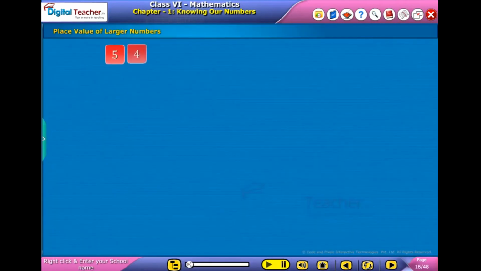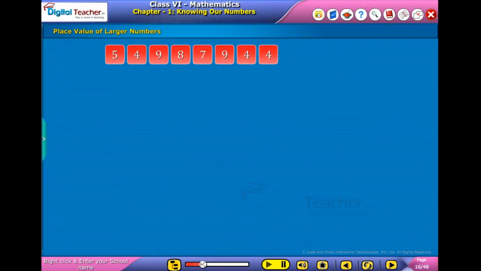Place value of larger numbers. Let us now see the places of larger values. Here is the number 54987944. Let's see how it is placed with their place values.